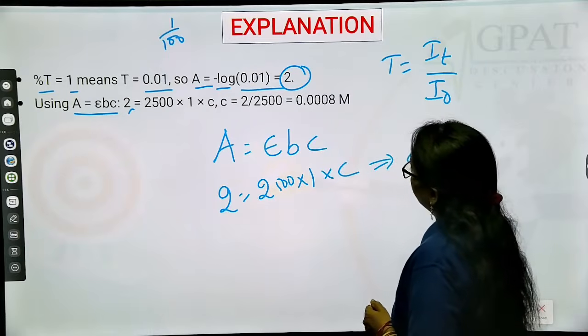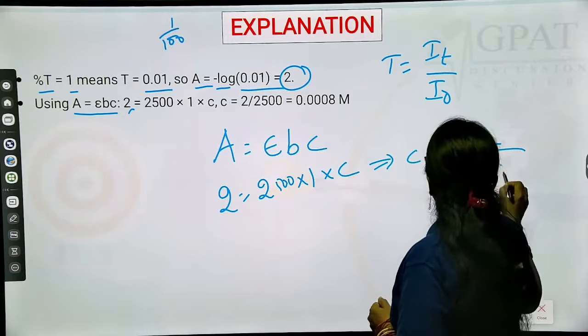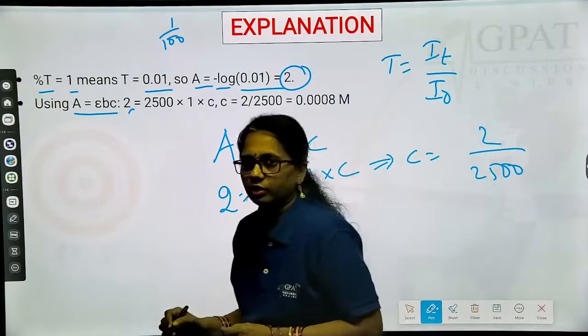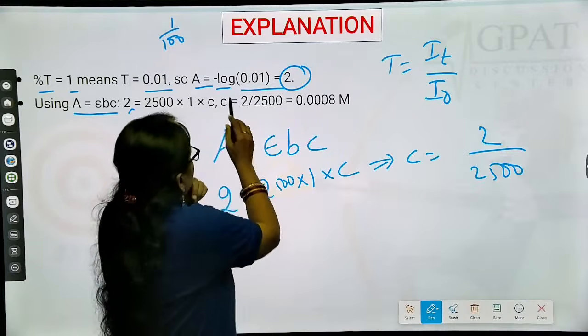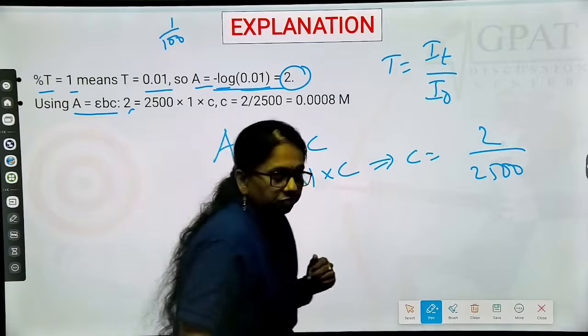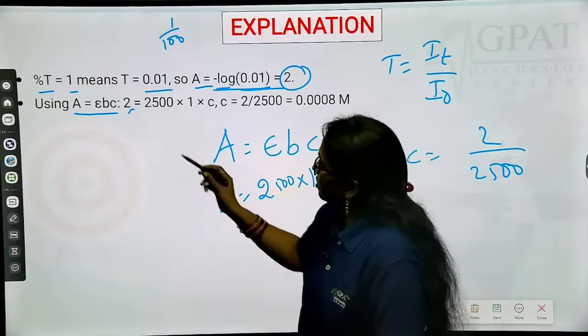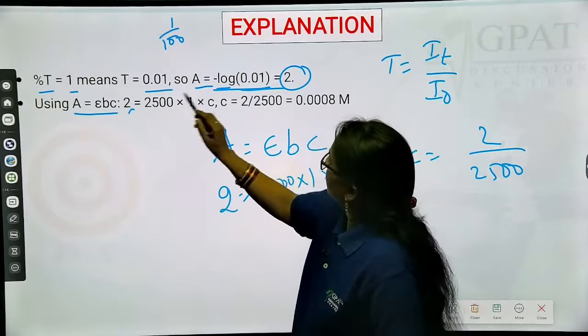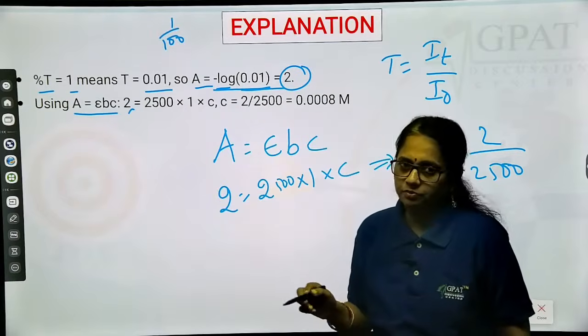C equal to 2 by 2500, okay. So, simple value, negative logarithm of transmittance. And in case of this percentage of transmittance also, negative logarithm of 1%.